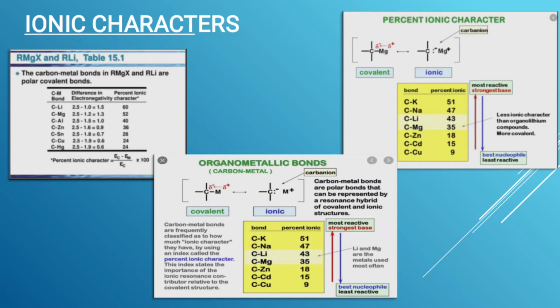Thus, highly ionic compounds such as organosodium or organopotassium compounds are amongst the most reactive organometallics. On the other hand, less ionic compounds like tetraethyl lead or dimethyl mercury are far less reactive, stable in air, volatile and soluble in non-polar solvents like hydrocarbons and ether.